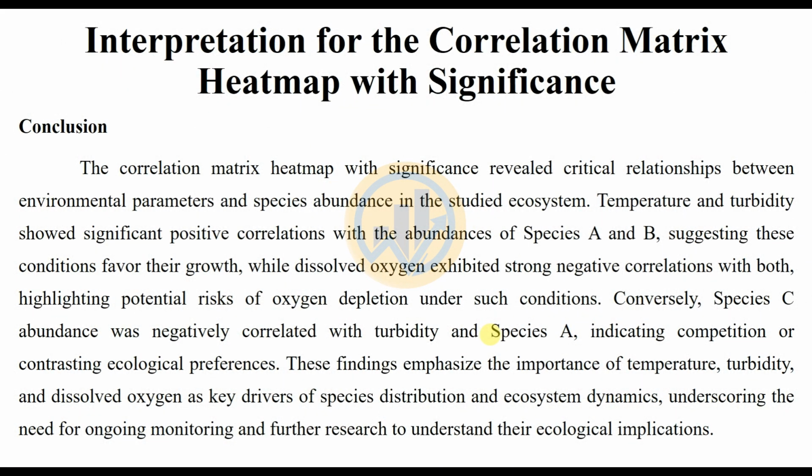Conclusion of the correlation matrix heat map with significance. The correlation matrix heat map with significance revealed critical relationships between the environmental parameters and species abundances in the studied ecosystem.